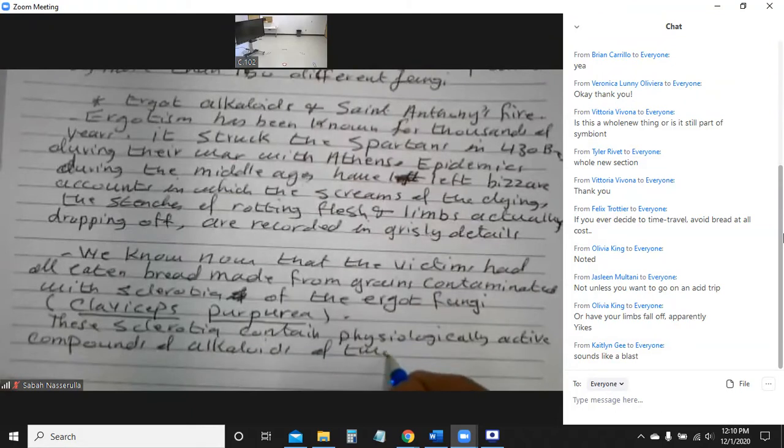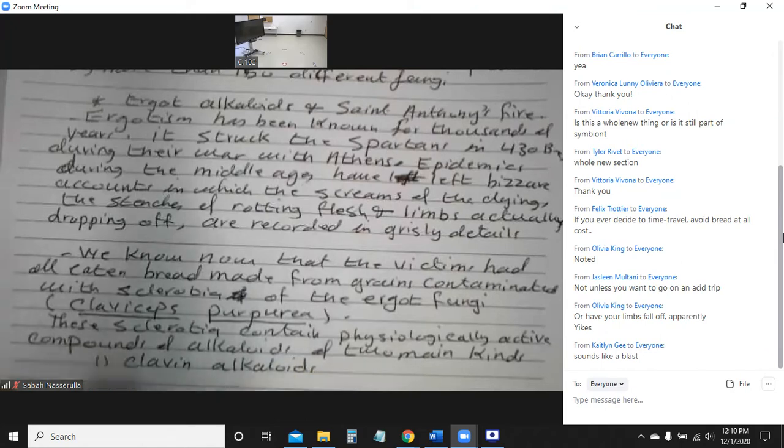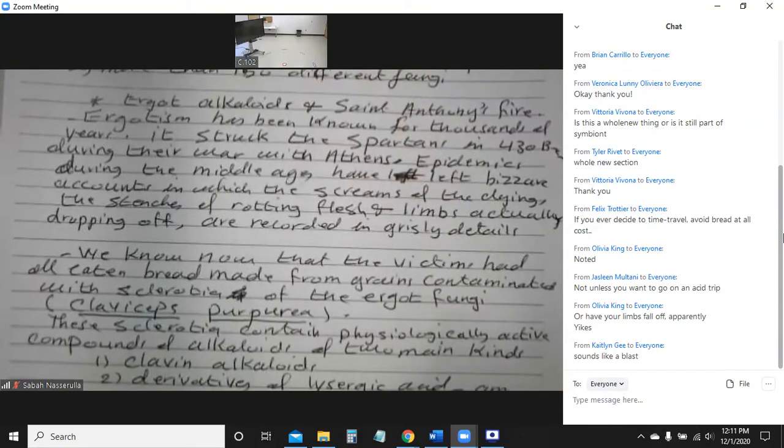One is known as clavine alkaloid, based on the name of the species, and the other one is known as derivatives of lysergic acid, which are basically amides or peptides.